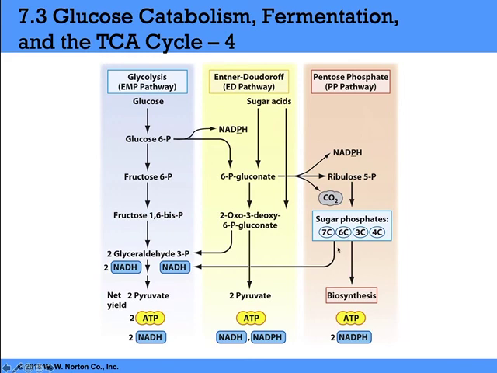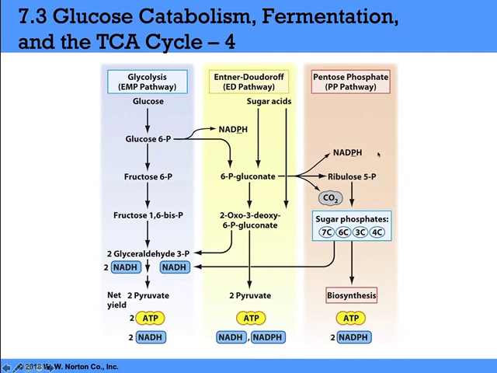Okay. Another thing that can happen with these sugar phosphates is they can be employed in biosynthesis, and that can build some of the structures of the organism that are composed of things like carbohydrates, or if we bring some nitrogen into the equation, we can make some amino acids and build some proteins, okay?